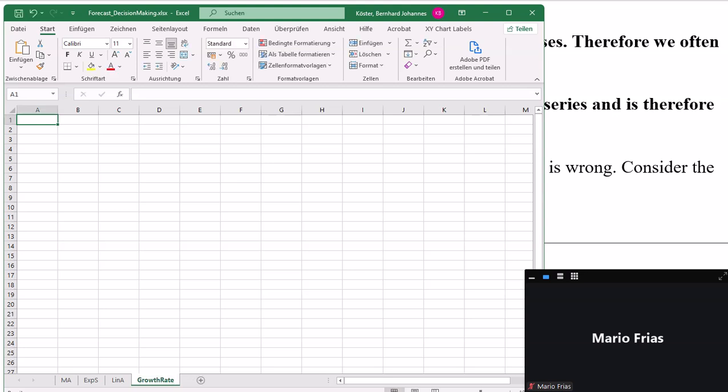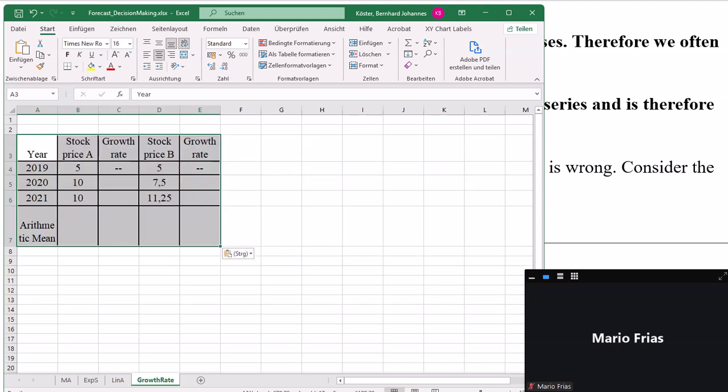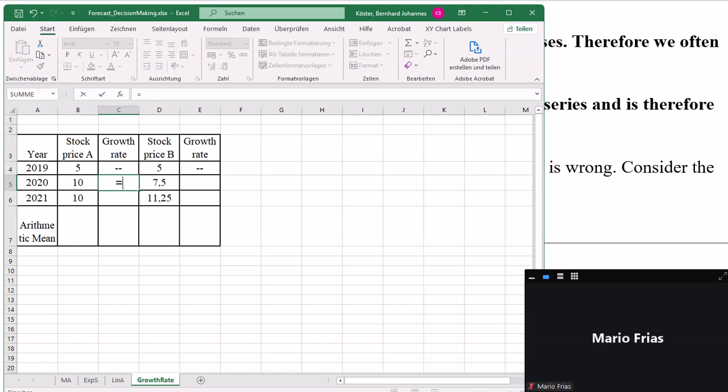But I think we have also 1 or 2 exchange students, and I don't know if you already know this. So the growth rate, when we calculate this, is just 10 over 5 minus 1. And here, of course, we have a 0 growth rate.